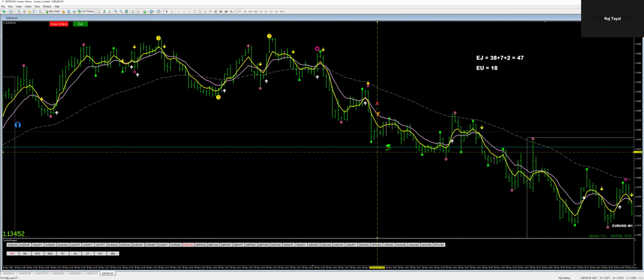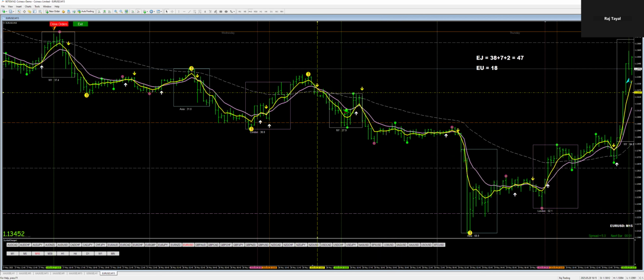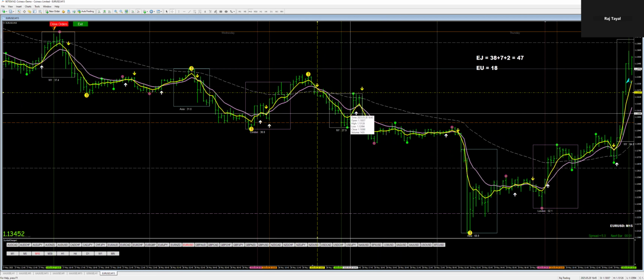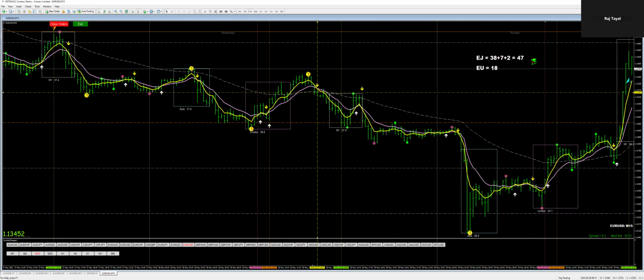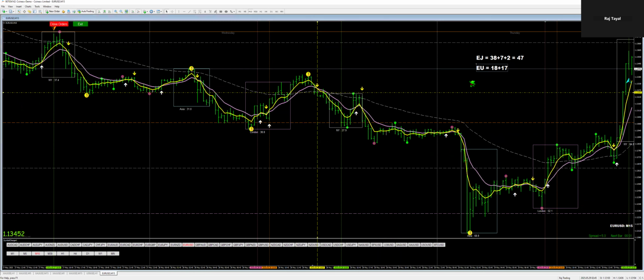No clarity on this, but I can say this is the entry here after this 1 ball retrace. So that's the entry right there, 15-minute trade. And the exit is right here, 17 pips. Okay.